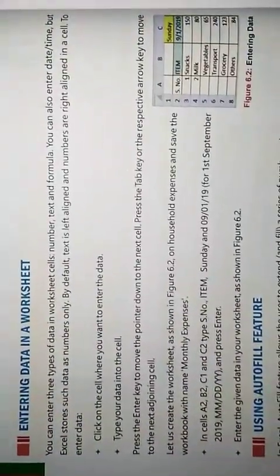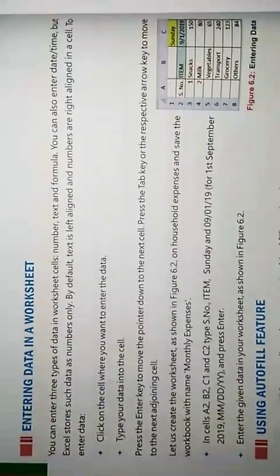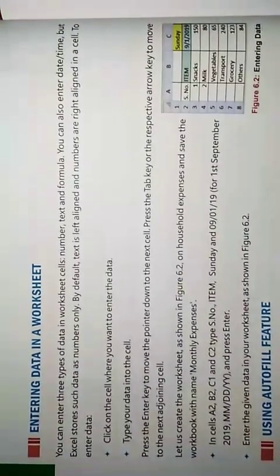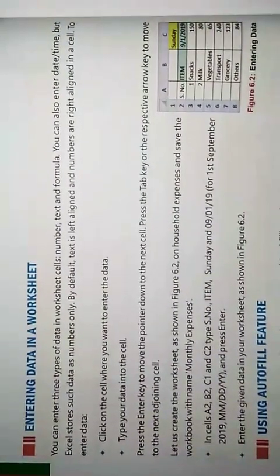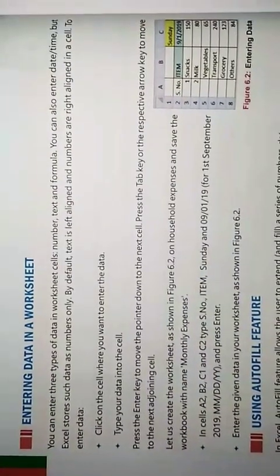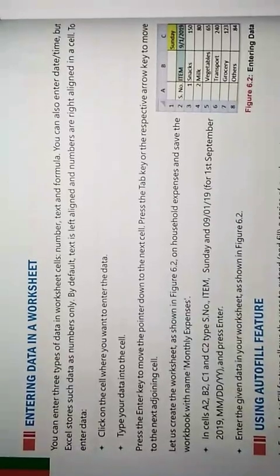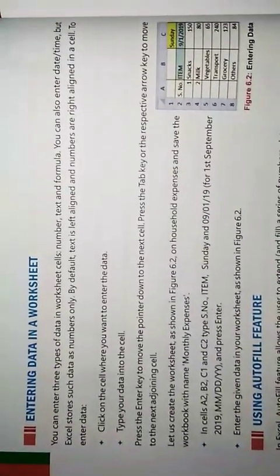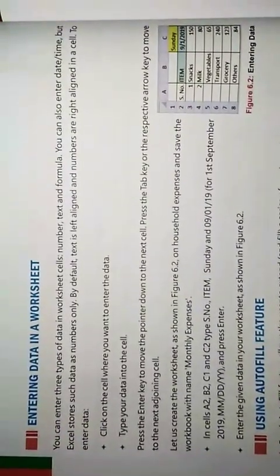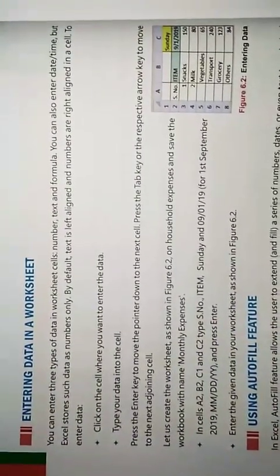You can enter three types of data in worksheet cells: number, text and formula. Student, you should know that you can enter three types of data into your cell or worksheet. Number means 1, 2, 3, 4, 5; these types of numbers you can enter in the cell.